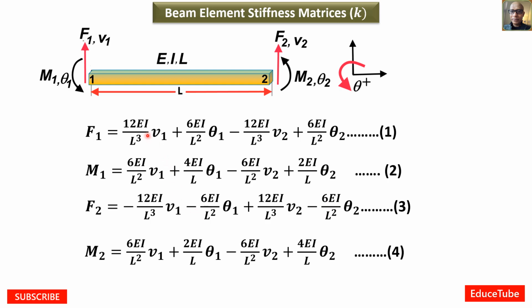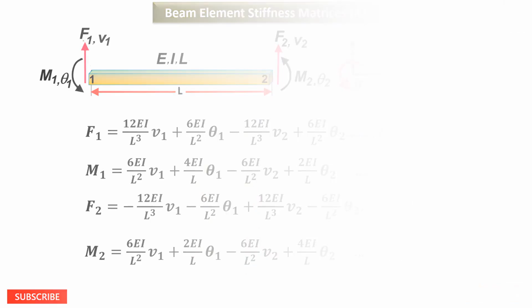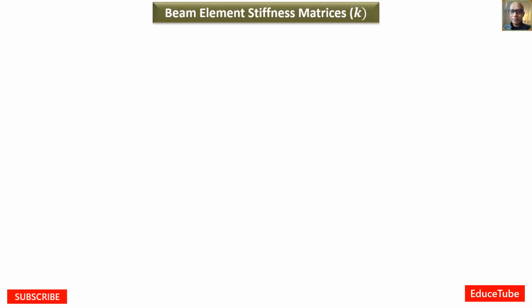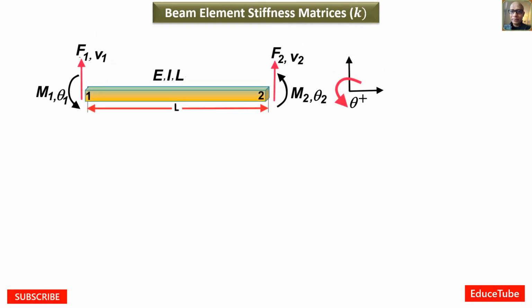Now all these terms we will use in the stiffness matrix. So we remember that we got 16 terms of the beam element stiffness matrix.